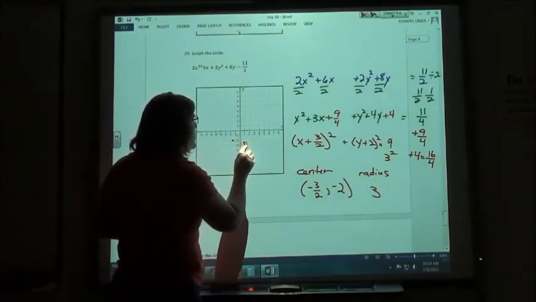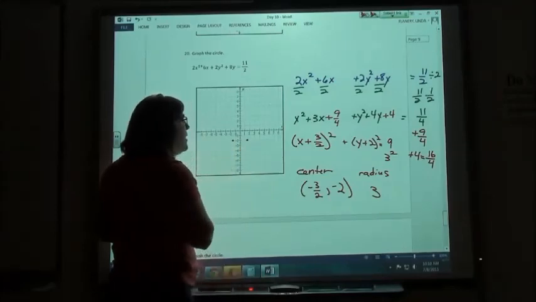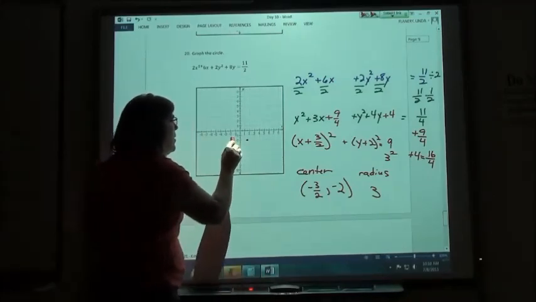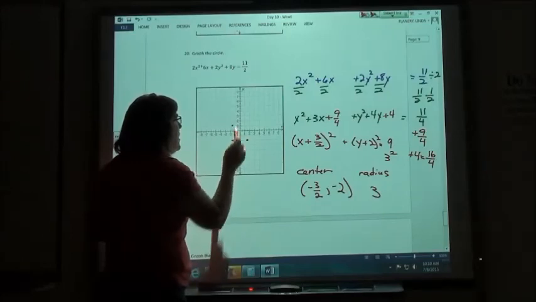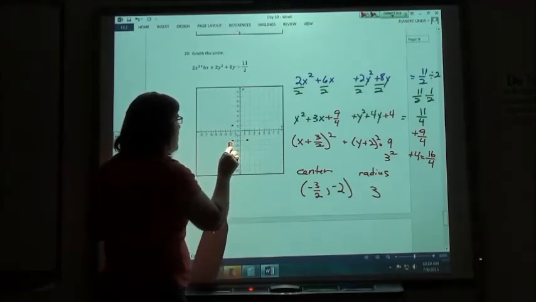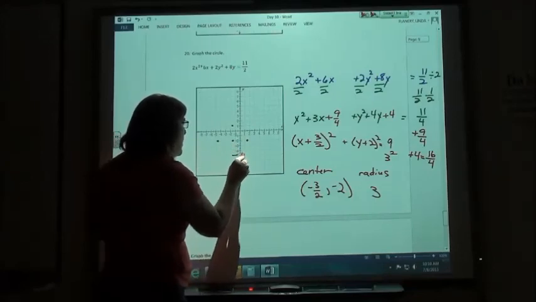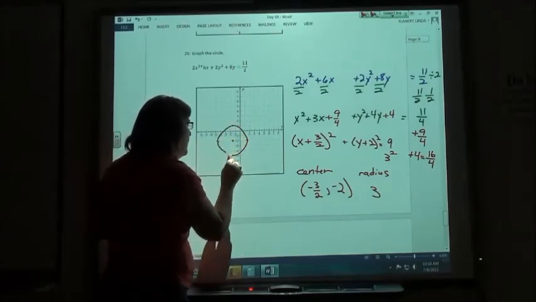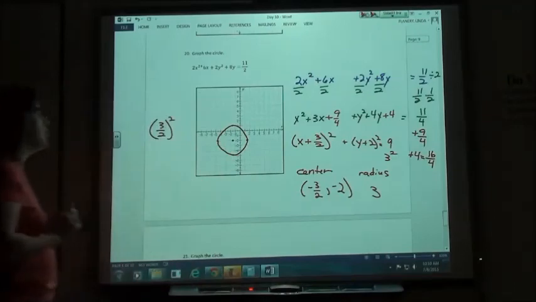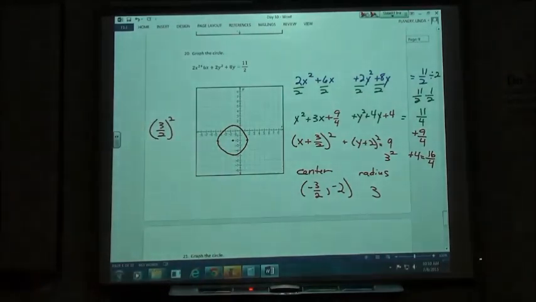So 1, 2, 3. I'm going to be halfway between the 1 and the 2. And again, you only have to go 3 places in one direction and the circle will open up where it should be. It's going to look something sort of like that.